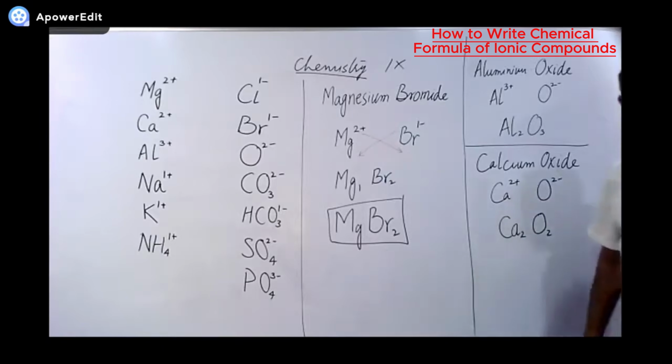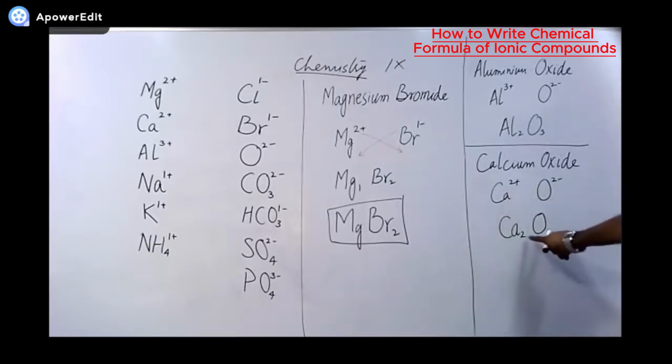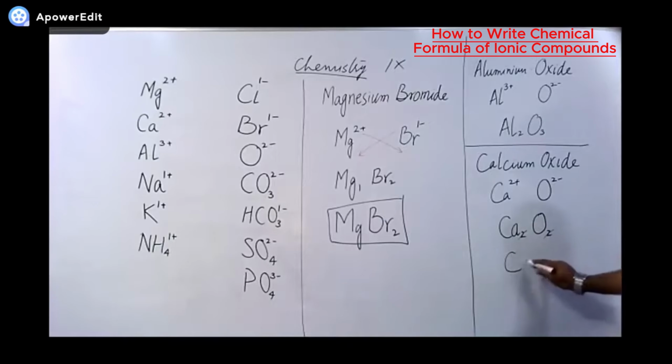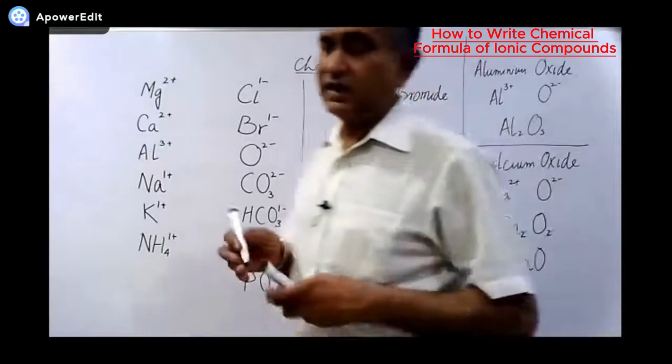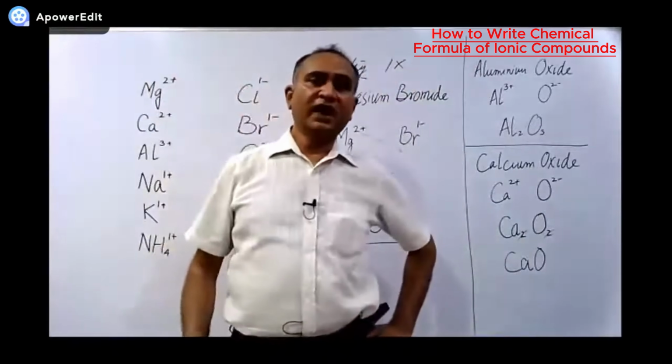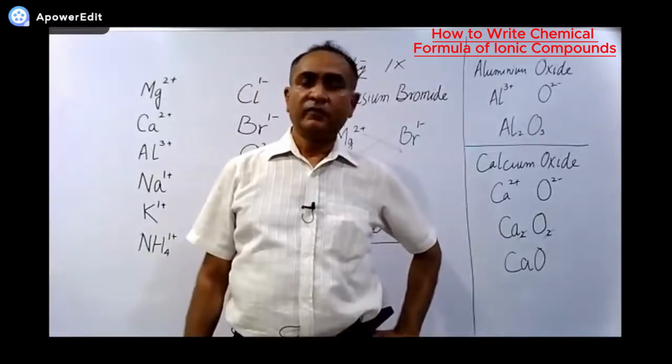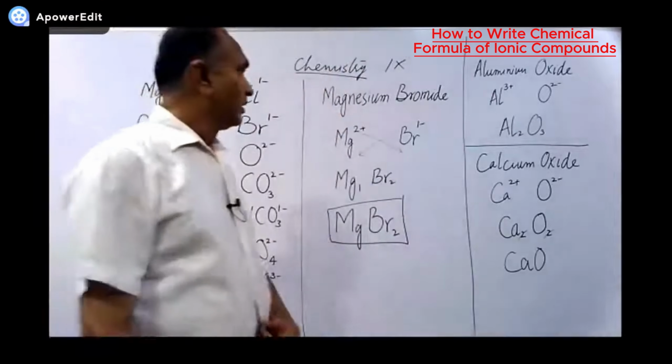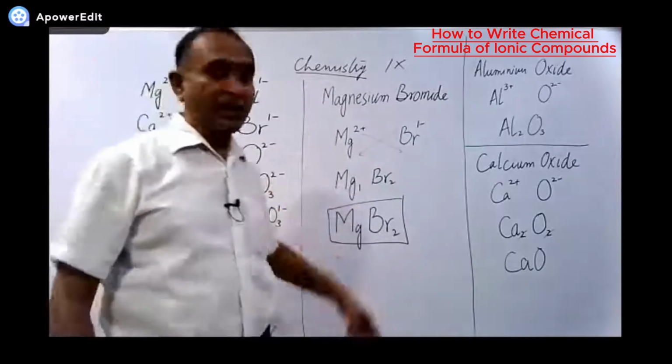Now what should be done over here? 2, cancel, yes, cancel them out. So what will be the answer? Calcium oxide. Okay? What would be the answer? Calcium oxide. I'm going to erase this part.